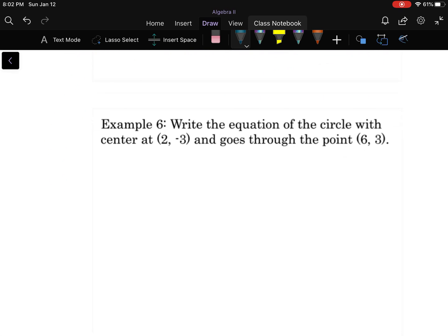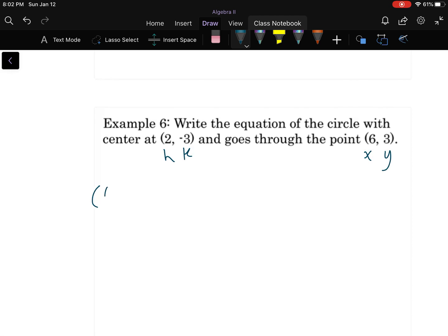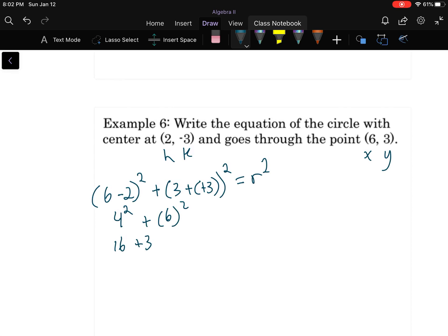Okay, same idea. I could graph those to give myself an idea. Again, that's my h, that's my k, there's x, there's y. So my x minus h squared, my y minus k squared. So 4 squared plus, remember that's going to be plus 6 squared, so that's 16 plus 36, which is 52.